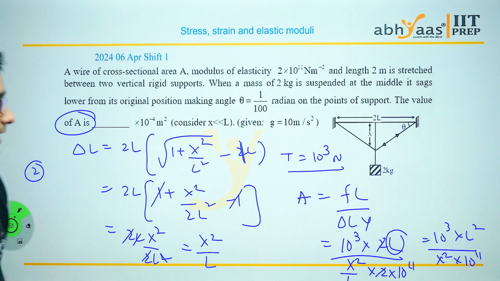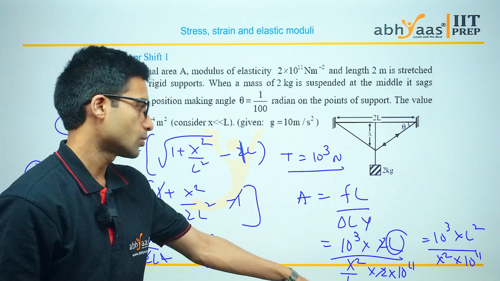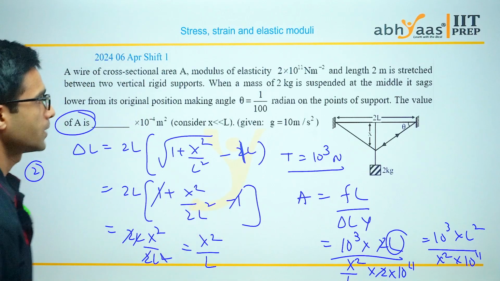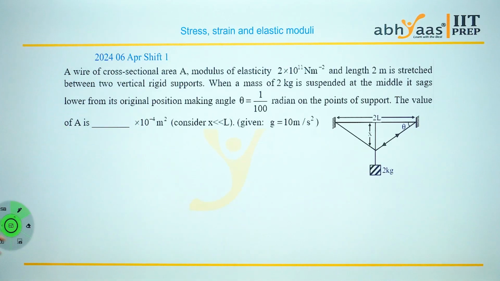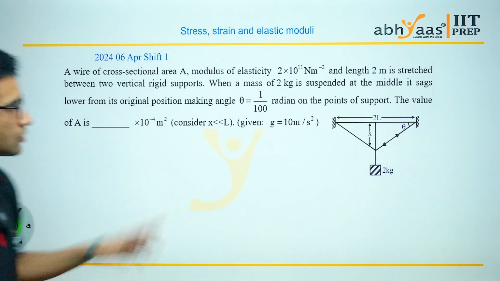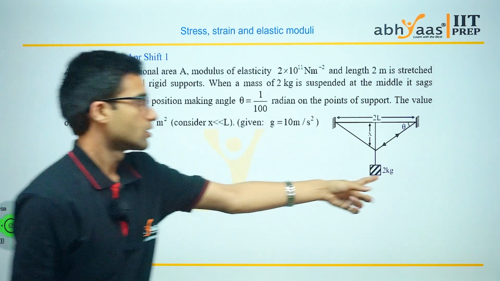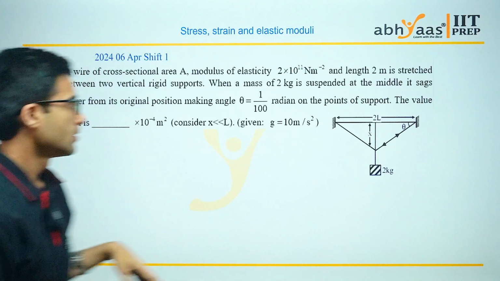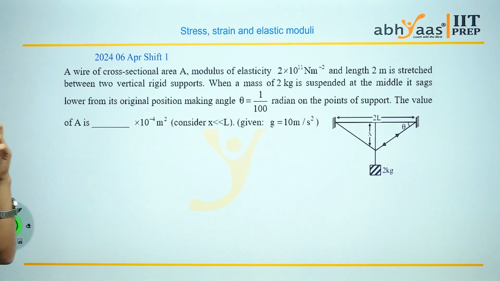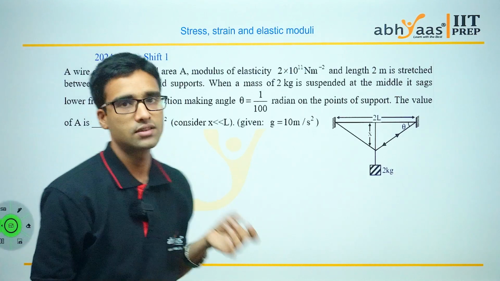Just consider the X value almost negligible, so you can take that as the bigger one. Okay, so this is a simple question only. Mass is also given, so that's why we calculated T equal to 10 cube. You just consider those steps and directly you will get the answer, that is 2.